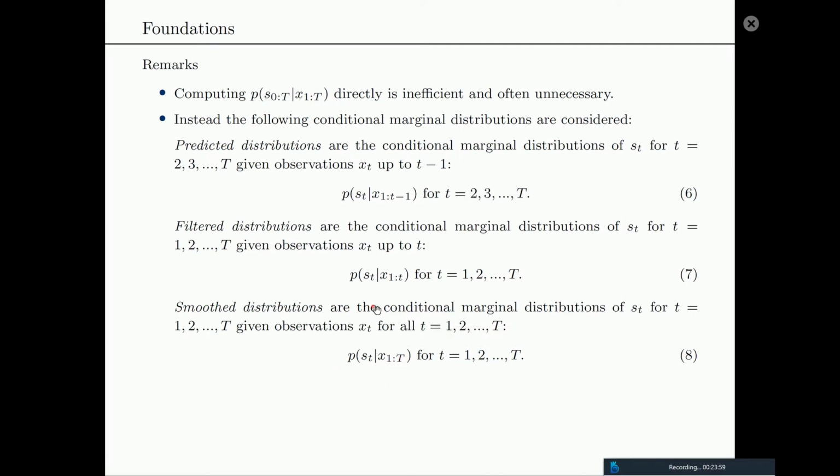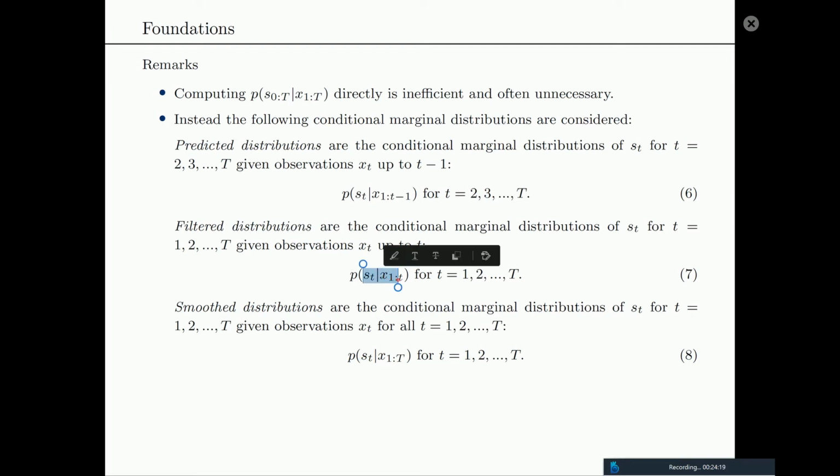And we will see that with Bayesian filtering, you evaluate the filtered distributions, and with Bayesian smoothing, you evaluate the smooth distributions.